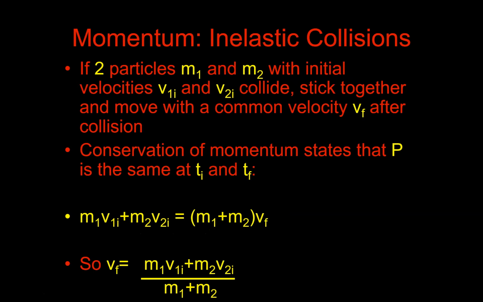So we'll have after the collision, Pf will be m1 plus m2 times some common final velocity, giving us an equation with essentially three terms. That means if we wanted to find the final post-collisional velocity of this system, we could rearrange for v to say m1 v1i plus m2 v2i, the initial momentum, divided by the addition of the two masses.